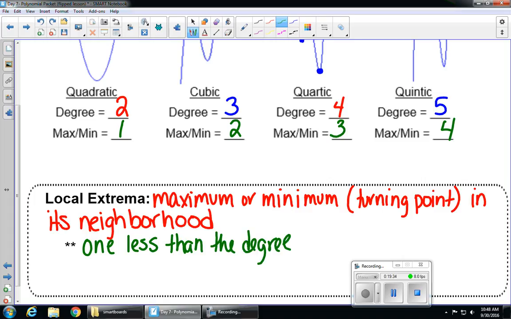So if I have a cubic function, degree 3, I can have up to 2 max and mins, or up to 2 local extrema, just like I can have up to 3 zeros or up to 3 x-intercepts. So that's the shapes of polynomials, how they relate to the degree, which is also related to our zeros or x-intercepts, as well as the local extrema.